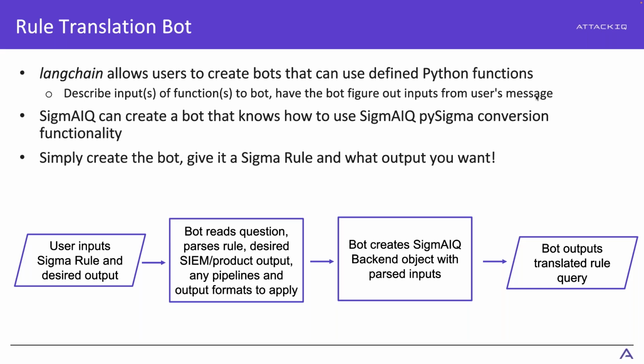So that's what we did with the SigmaIQ library. We said, hey, create a bot. Anytime that the user wants to translate a Sigma rule, here's the stuff you should use from the SigmaIQ library. So you give it a Sigma rule, whatever output format and security product you want, and then the bot will take care of everything on the back end for you and spit out the translated query.